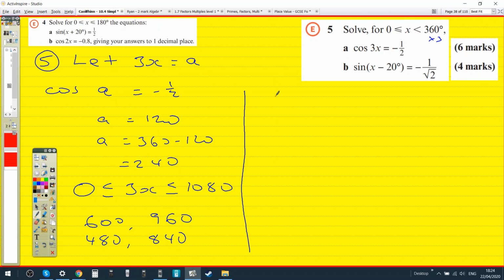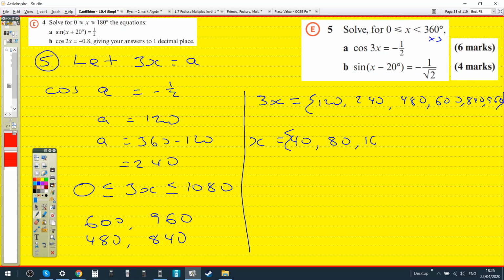So those are for 3x. Mm-hmm. So then to find x, we divide all of those numbers by 3. Yes. So 120 divided by 3 is 40. Okay. 480 divided by 3 is 160. 600 divided by 3 is 200.